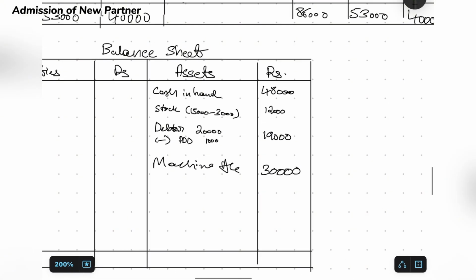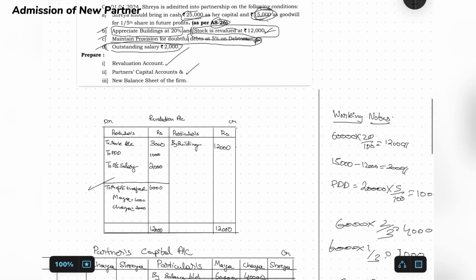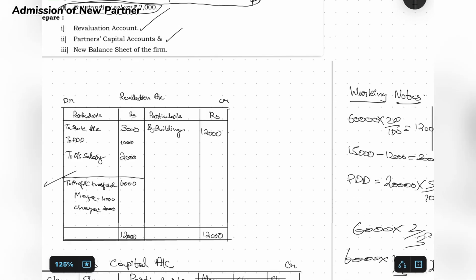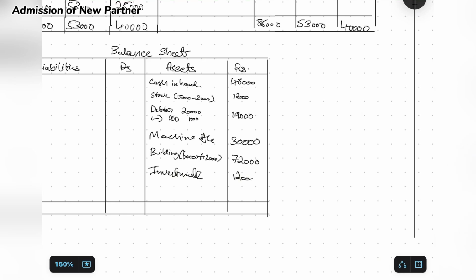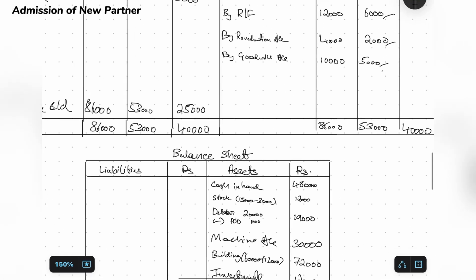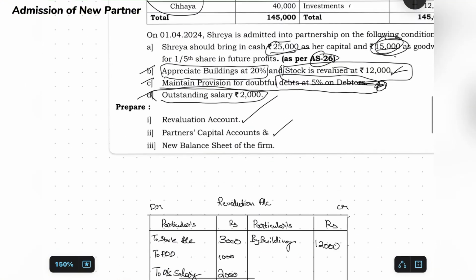So I'll make a note of the building also: we had 60,000 plus 12,000, total value will be 72,000. Next I'll come to the investment, that is 12,000. So I'll make a note of investment 12,000.